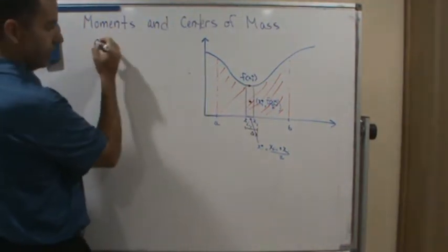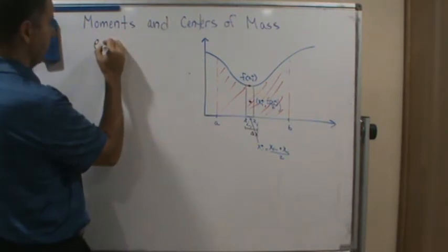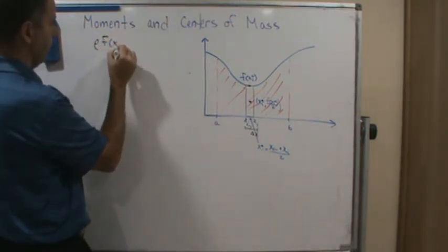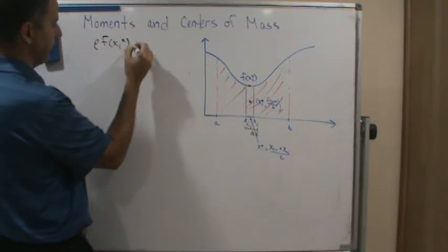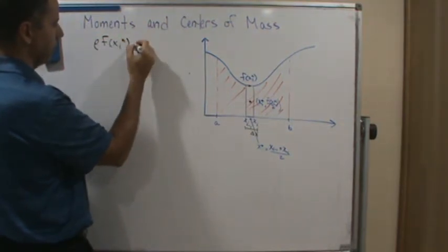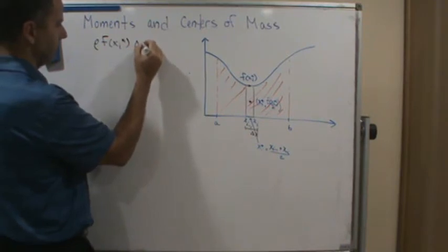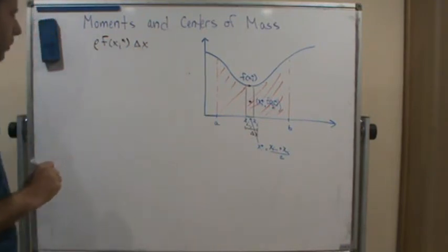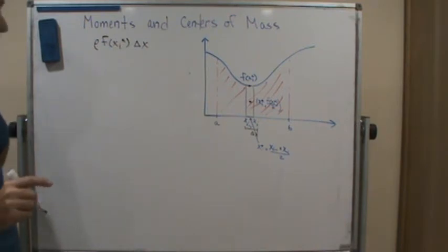So it's rho times f of x sub I star times delta x. Okay, so there's the mass.